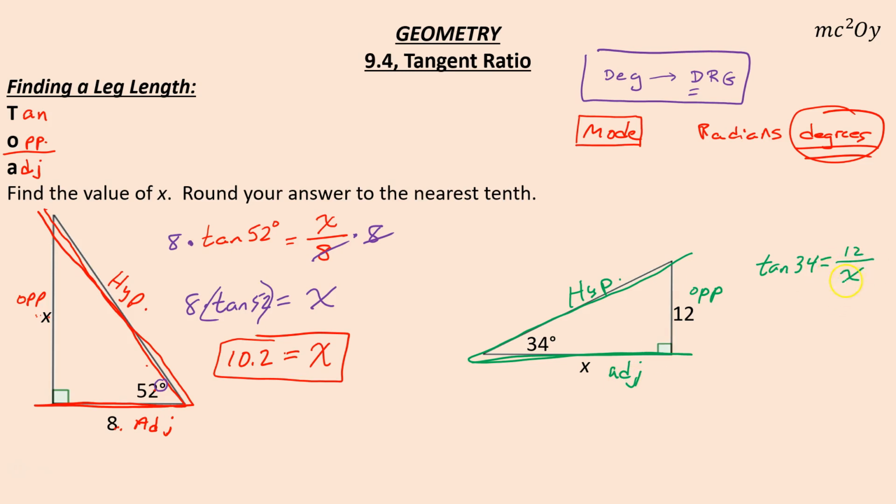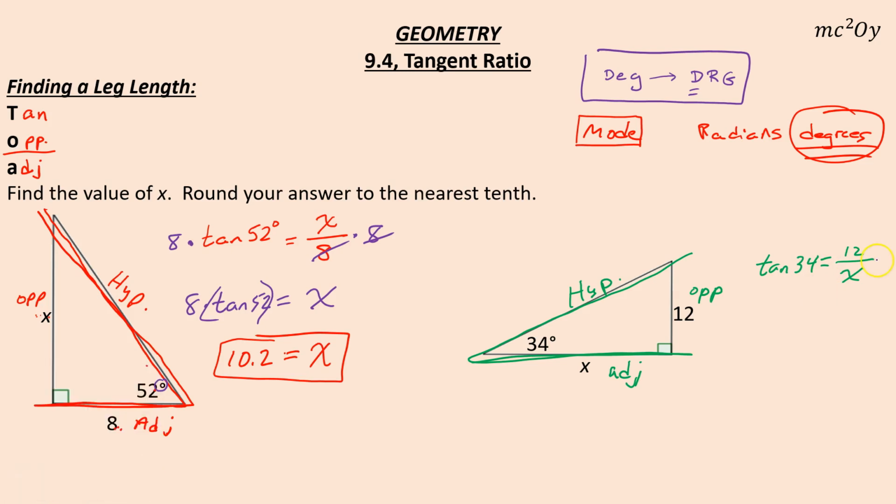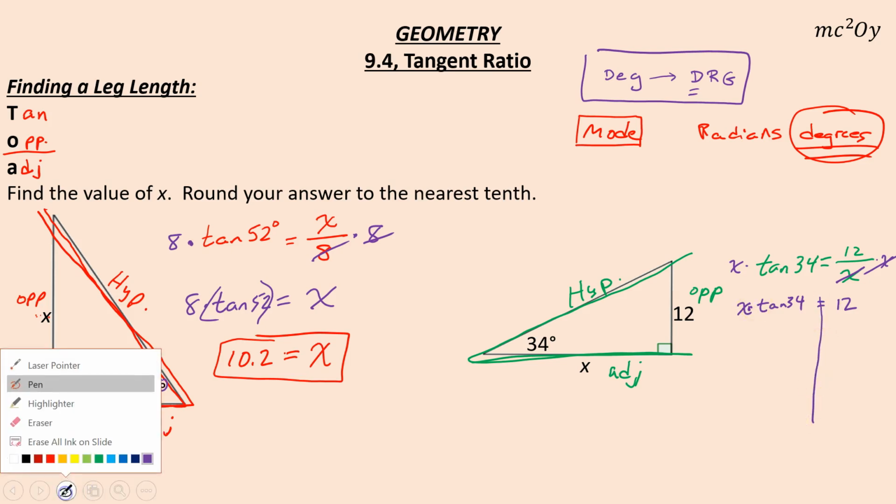Whenever you have your variable in the denominator, make sure you understand how to get that out. So the first step is to multiply both sides of that equation by x. Now by doing that, the x's cancel, and I'm left with x times tan 34 equals 12. So if I want to get the x by itself, I now need to divide both sides by tangent of 34.